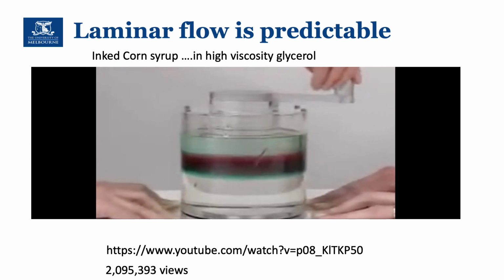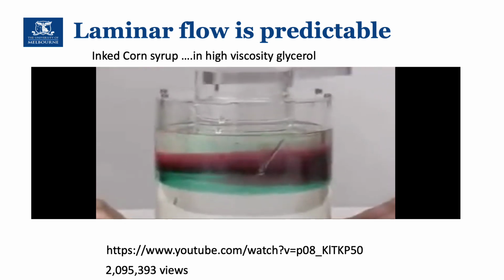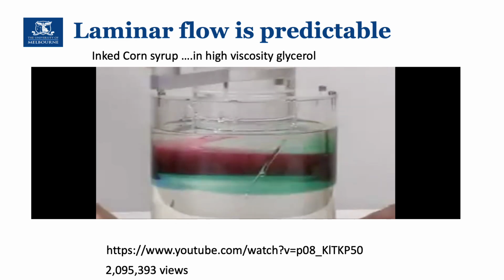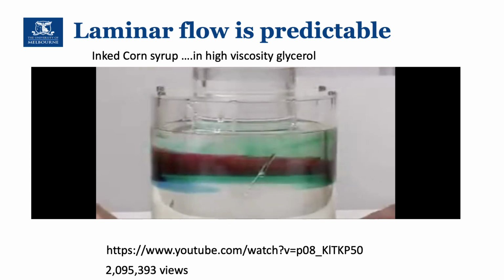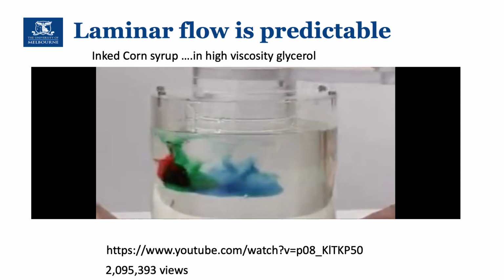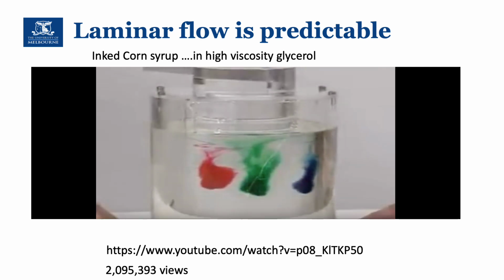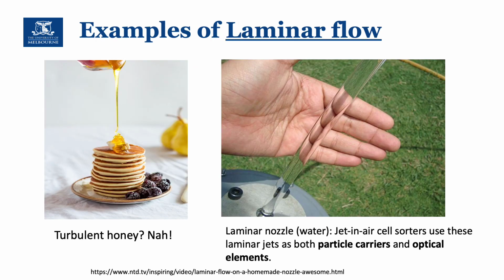After 7 turns, they try to do the 7 turns back at the same kind of velocity, and what happens at the end will show you something that makes laminar flow so important: laminar flow is predictable. It means that the flow of particles in laminar flow can be anticipated, can be predicted. So if you inject particles at this point in the flow stream, you can anticipate their position, imagine, a few centimeters away from the injection point. And that is why laminar flow is so important.